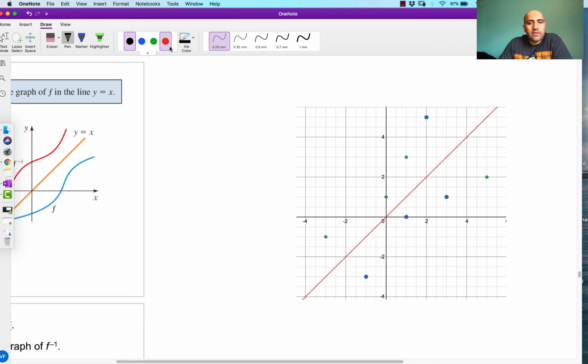So the pattern we want to establish is that in every one of these cases, if we think about the distance from each one of these points across this way, from there to there, and there to there, in every single case, the red line cuts that distance exactly in half.